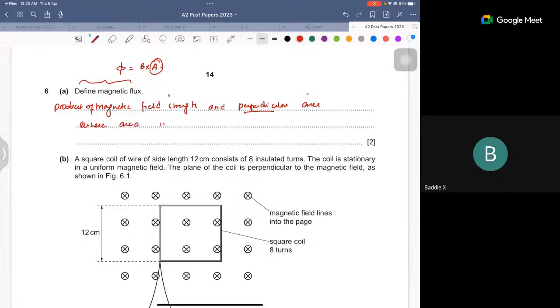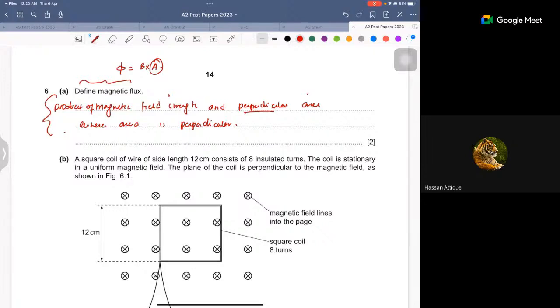Sir, could you give us the model definitions of magnetic flux linkage, and magnetic flux density? Magnetic flux density and magnetic field strength is the same thing.